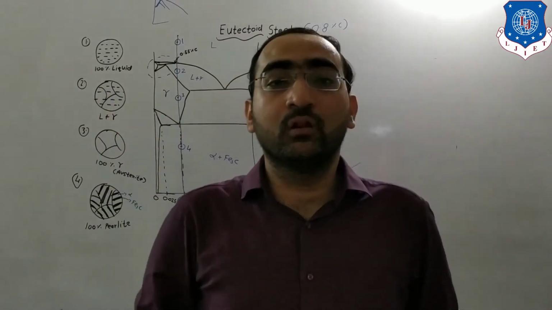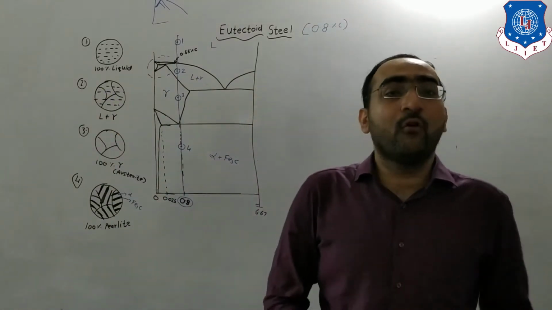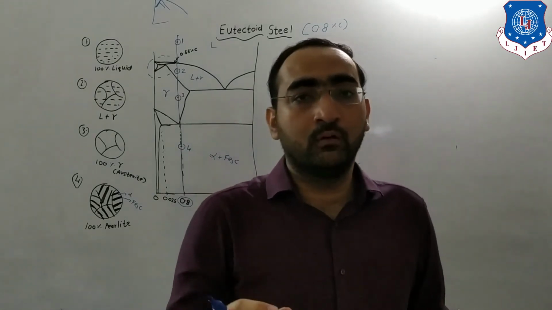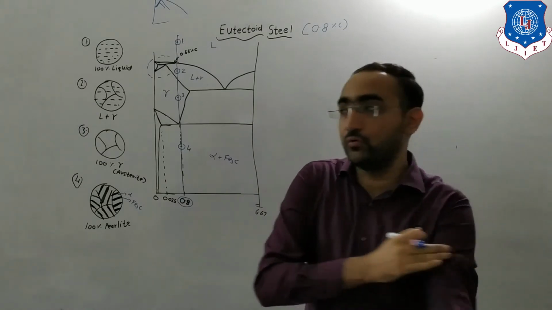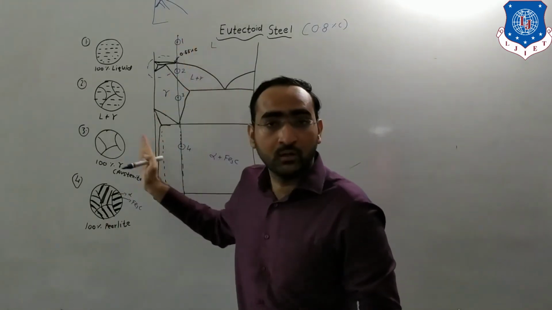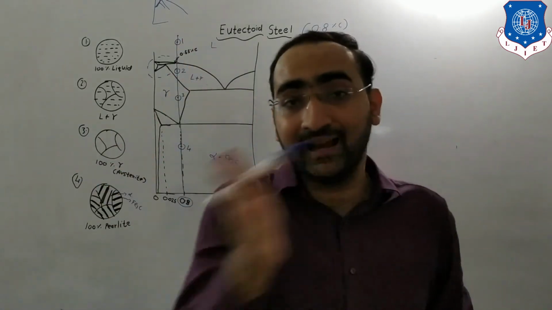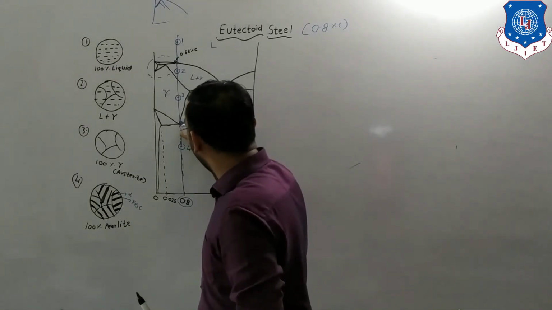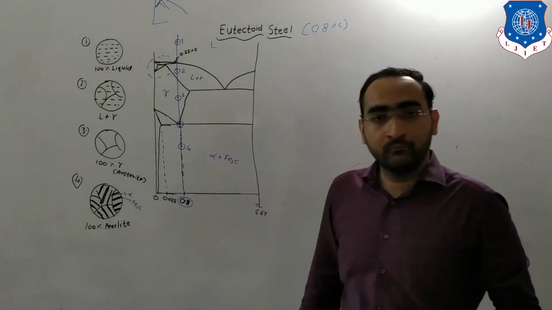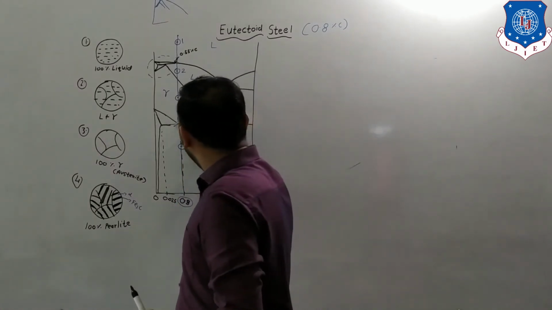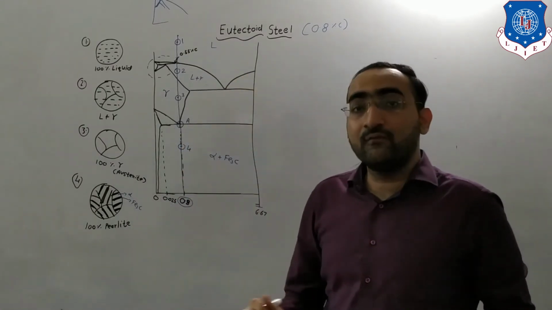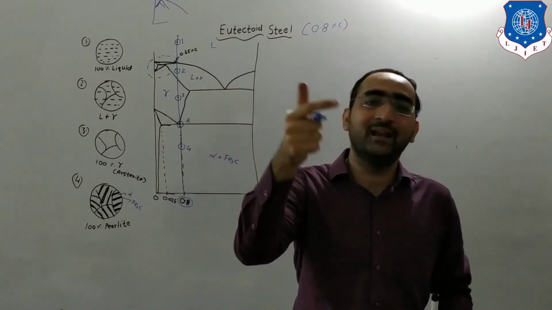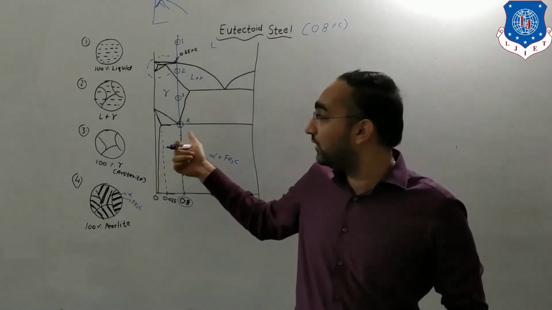Now, if we want to measure the percentage of ferrite and cementite at a certain point, suppose I want to measure at this point, let us make it A. Only two things are possible, either ferrite or cementite, and that we can find out with this.